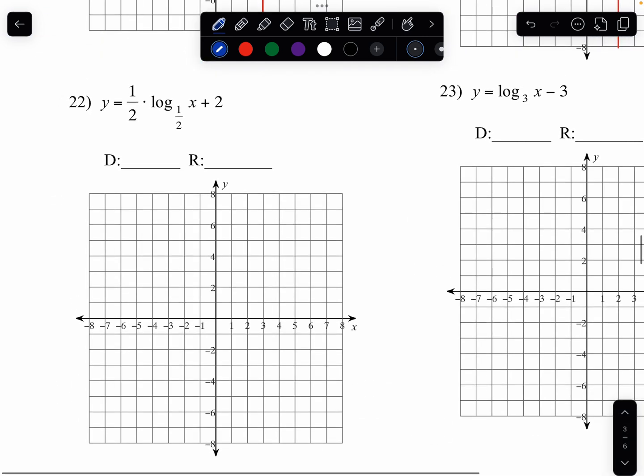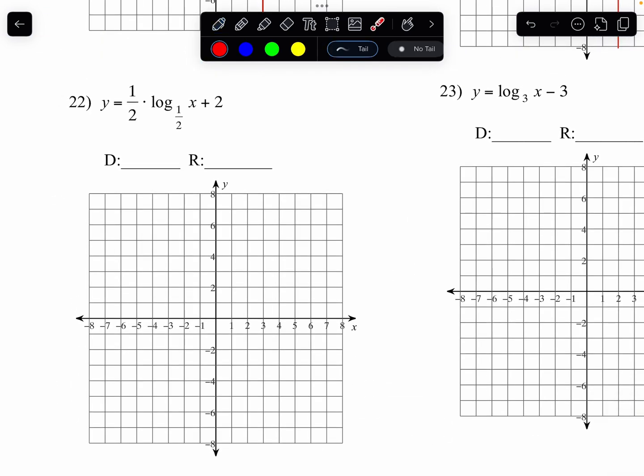Now for this one in class, I don't really want to draw it with a vertical shrink because they're just hard to graph, and so I don't think I'm going to test on vertical shrinks for these ones. They're just hard to graph because you're shrinking it by half, which is just kind of annoying. So I'm just going to forget about that for the sake of making it easier. But it is a base of 1/2, so it's got to be decay for a logarithm.